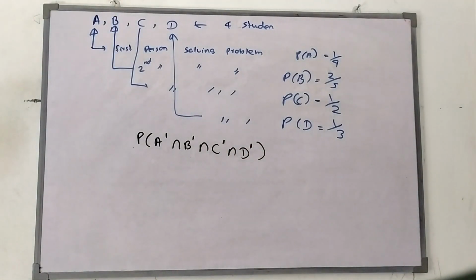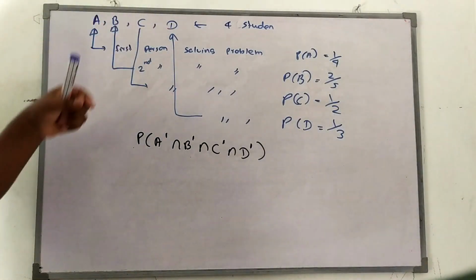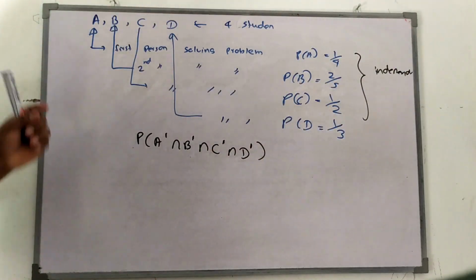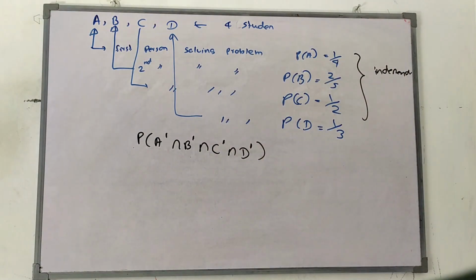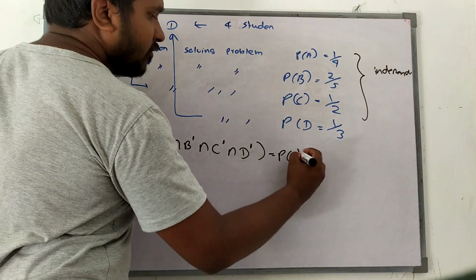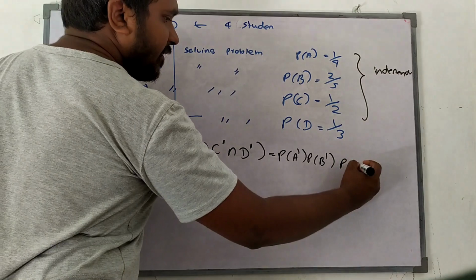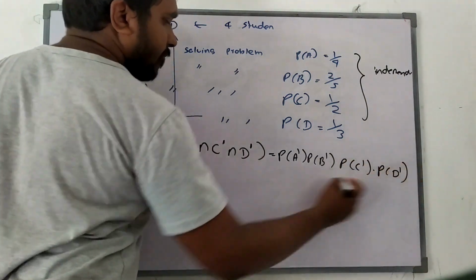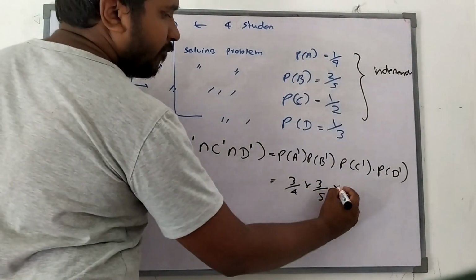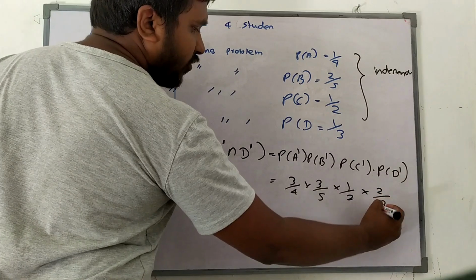A, B, C, D are all independent, each tries on their own, with no dependence from one person to another. So we can write P(A dash) P(B dash) P(C dash) P(D dash), which is 3 over 4, 3 over 5, 1 over 2, 2 over 3.